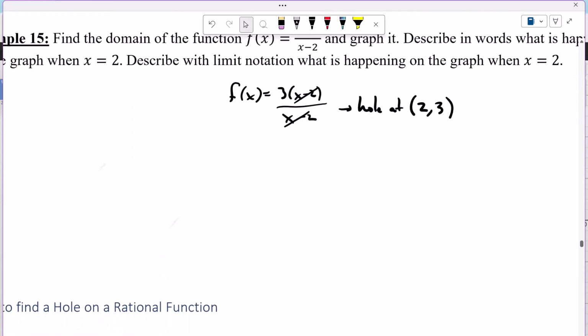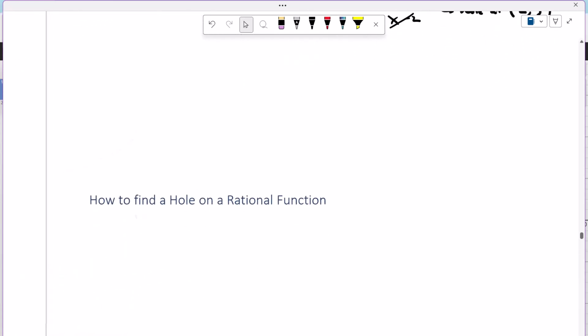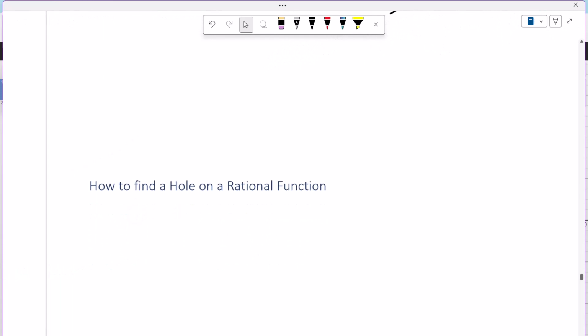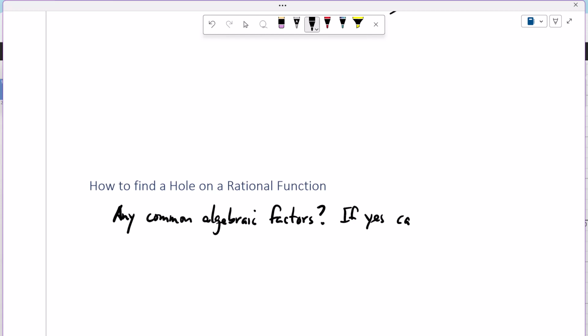Let's try a couple more. How to find a hole in a rational function? Any common algebraic factors? If yes, cancel them.